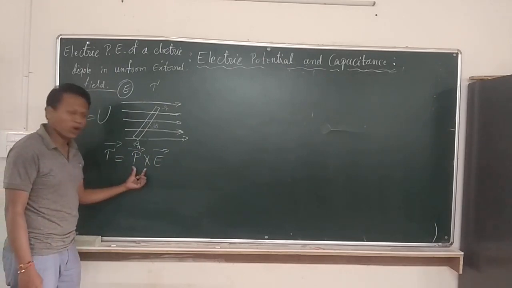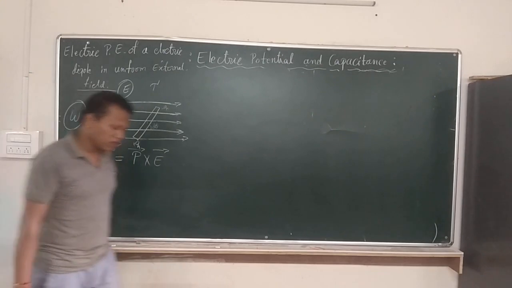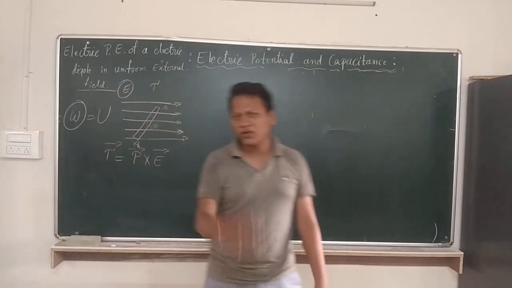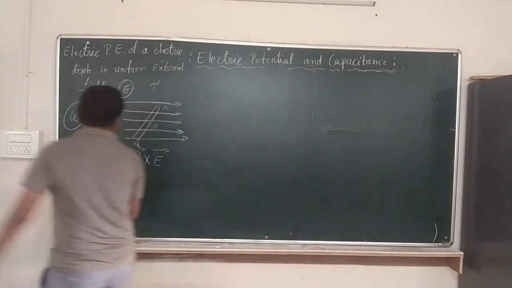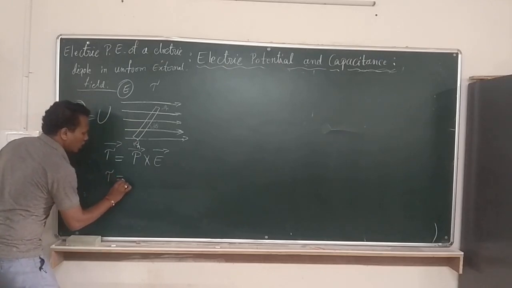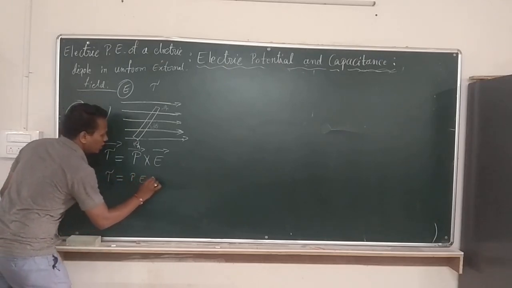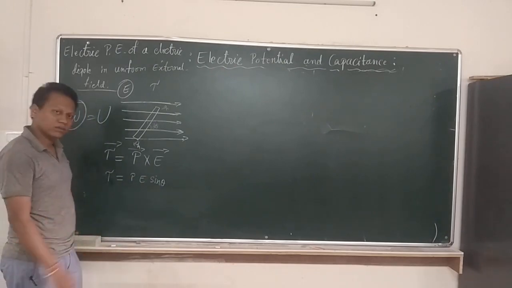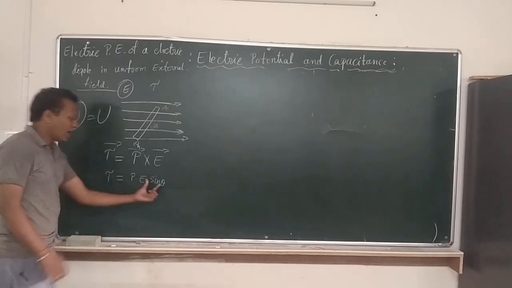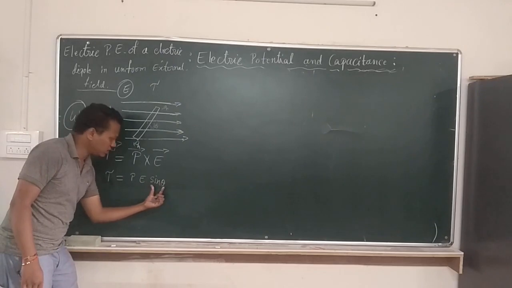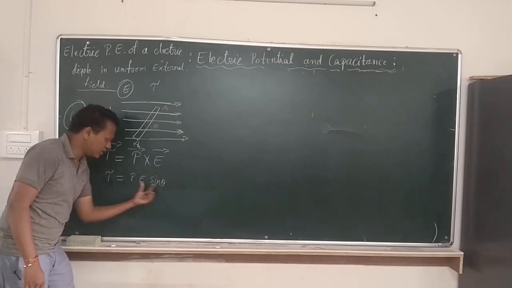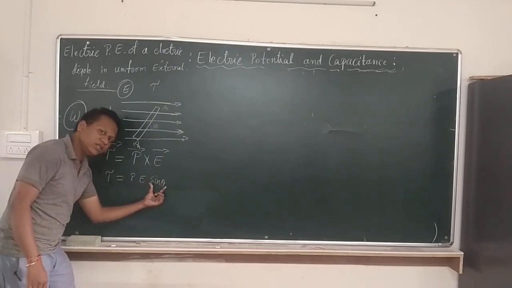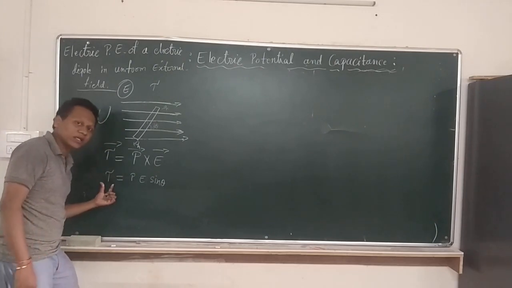Tau is equal to P cross E. This formula, this derivation, we did in the first chapter already. We move on to tau is equal to PE sin theta. Right? So as theta changes, sin theta will change. Since it is a cross product, when sin theta changes, the torque is changing.